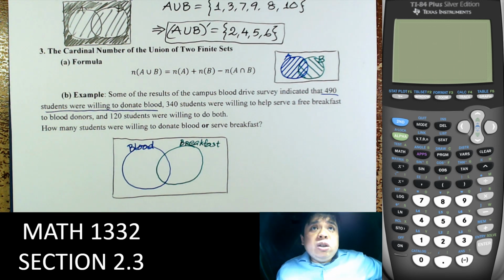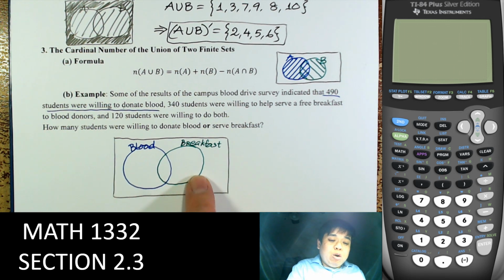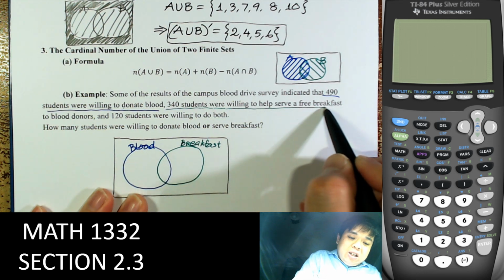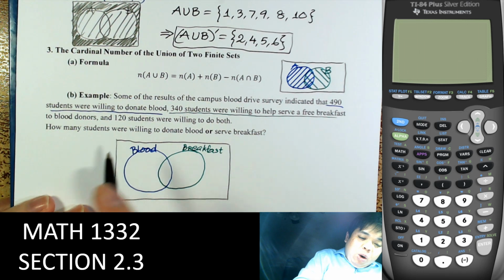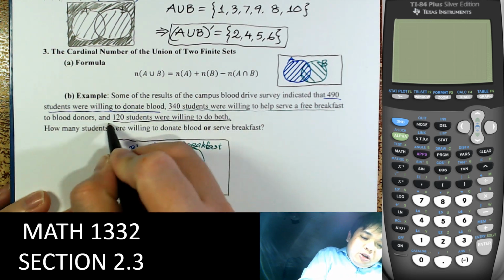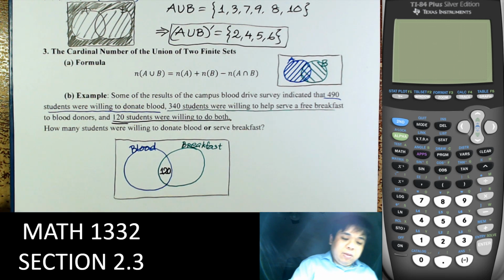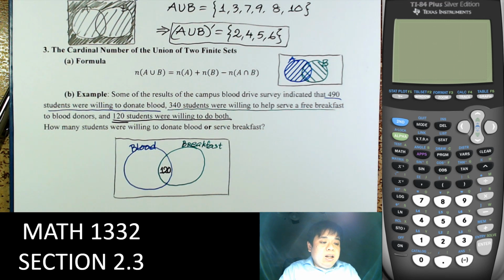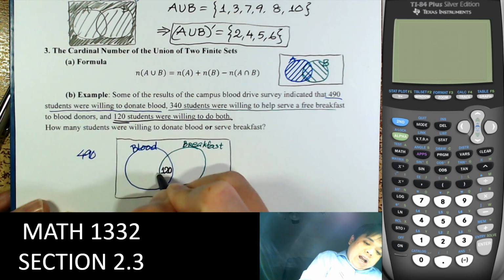Now, in order to do this kind of thing, we're not going to put 490 here and 340 there. What we actually have to do first is look at the one that said both. So we have 120, that is both. And then we say blood, 490 willing to donate blood. 490, take out the 120.